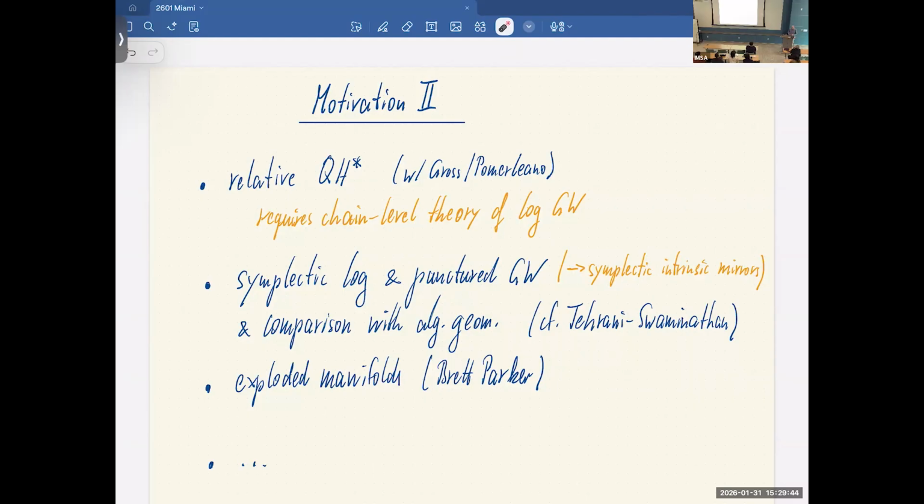And then, to get an exploded manifold, I think Brett Parker is secretly assuming you have something like an almost complex structure where your divisor can actually be written down as a zero locus of a function. So it might give some further validation of Brett Parker's work, who I've always been very impressed with.